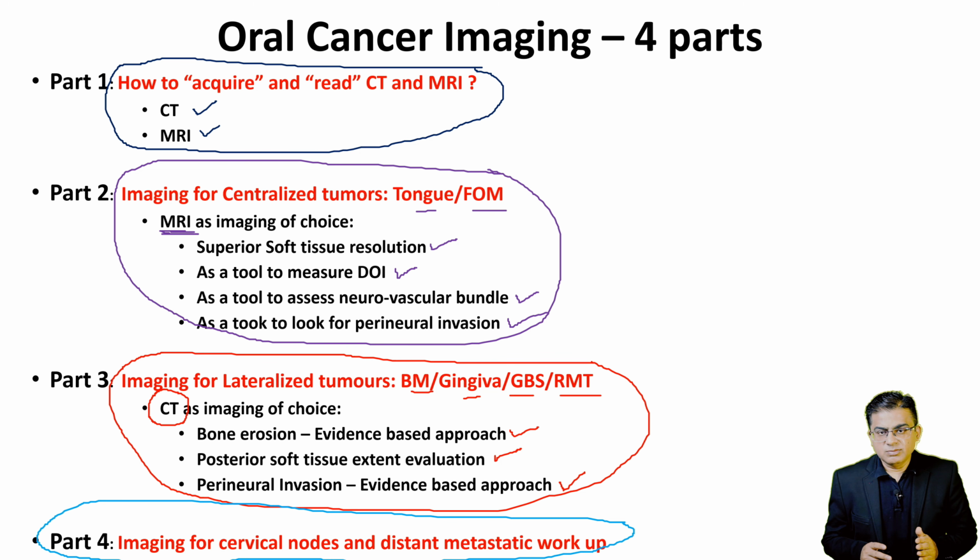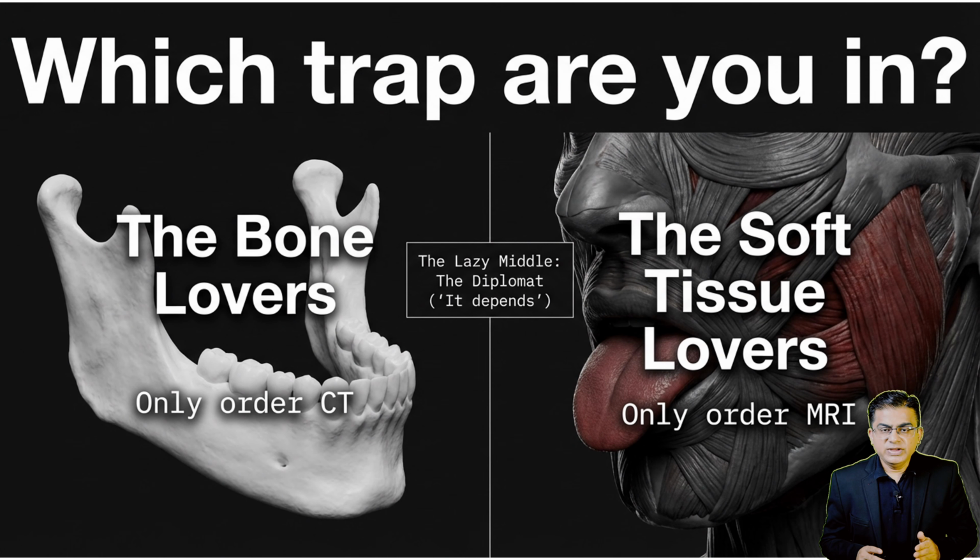Let us be honest for a moment. If I ask you right now, which scan or imaging modality is best for oral cancer, what will you answer? I already know exactly what is happening in your brain. Some of you belong to the MRI fan club.